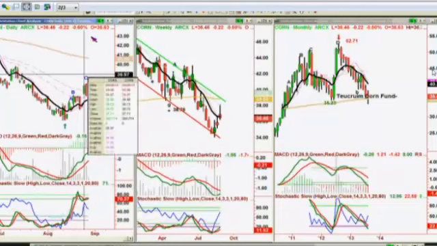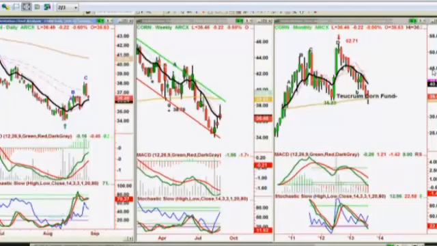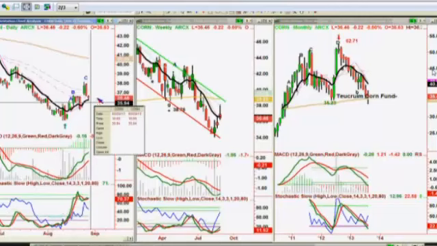So this is what I'm going to suggest. I don't know if you're going to do it with options or anything like that, but if you're using this CORN, Teucrium Corn Fund, I would start just a small position at 36.46 right now. Reason being, if it drops under 36, I don't want it.